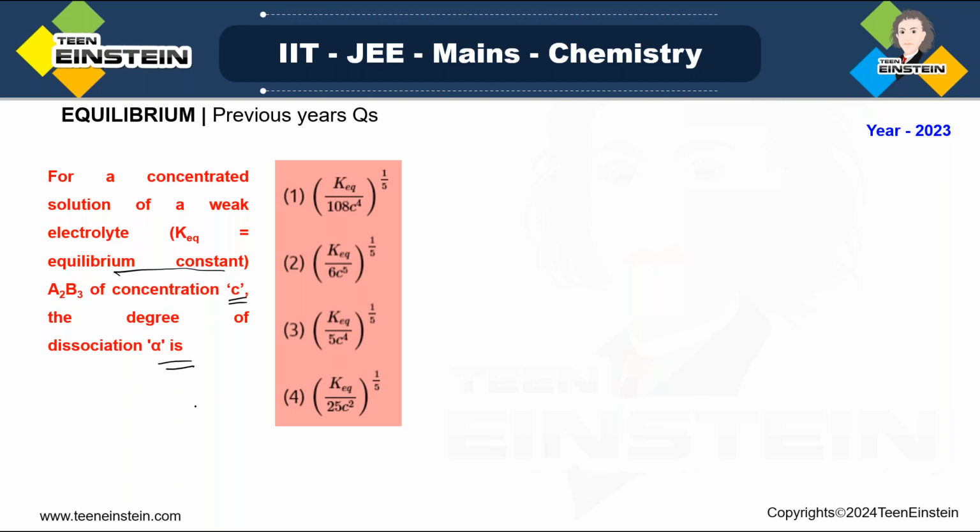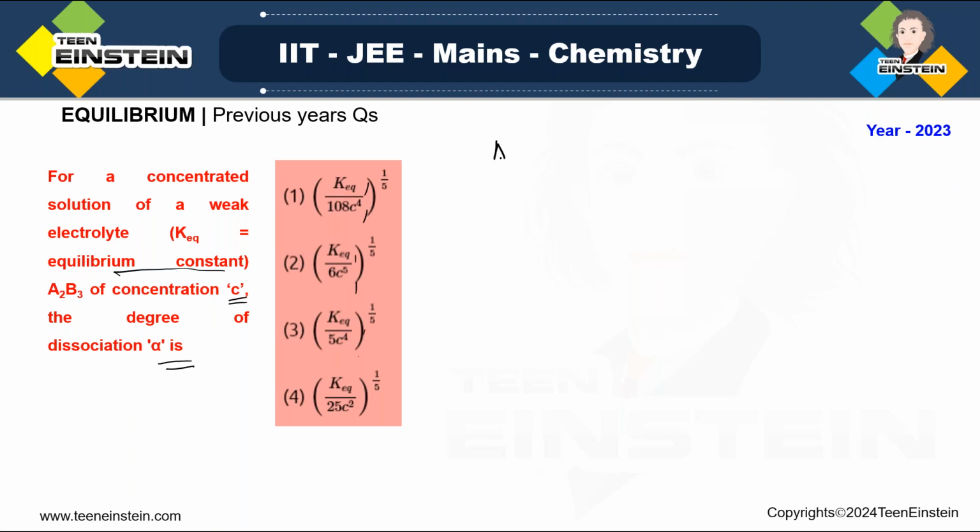Alpha is expressed in terms of K equilibrium and C, which are present in all the options. So you have to find the relationship between alpha on one side and K equilibrium and C on the other side. That is what we have to do.